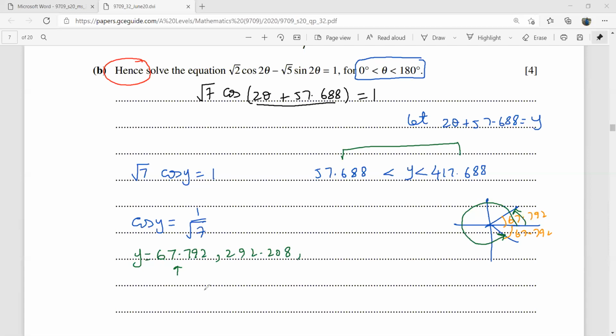Your theta is going to be y minus 57.688 divided by 2. So you put them one by one over here and you get the corresponding values of theta. So these are the two values of theta that you will be getting.